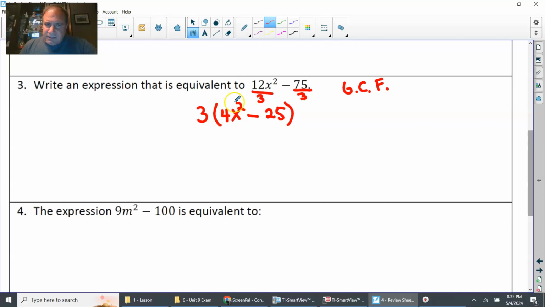So now, do you see this in the middle? 4 and 25 are perfect squares. Difference of squares.